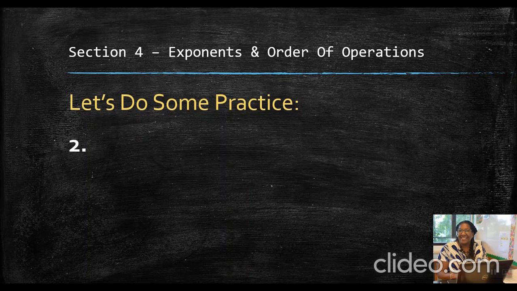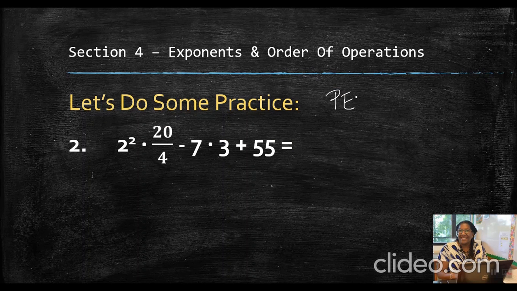Here's another practice problem. We have 2 squared times 20 over 4 minus 7 times 3 plus 55. Thinking about our order, we've got please excuse my dear Aunt Sally.